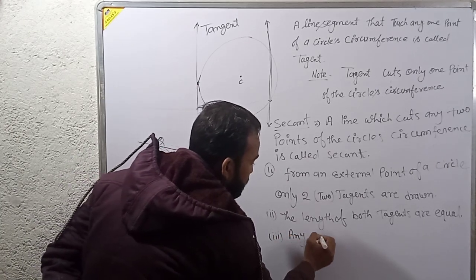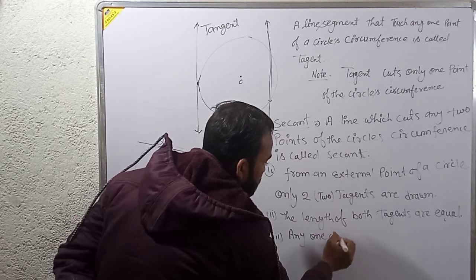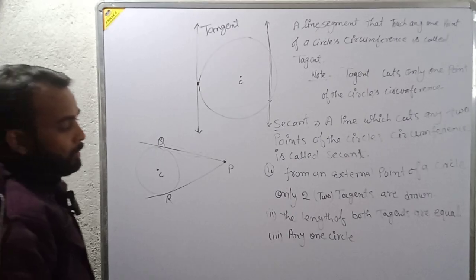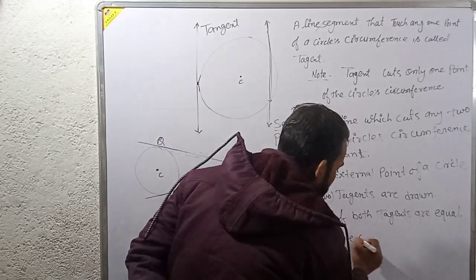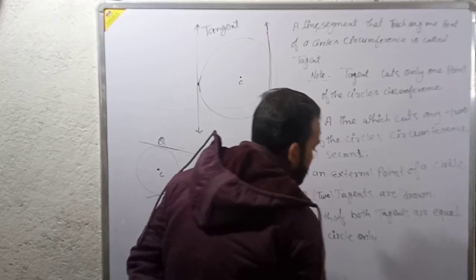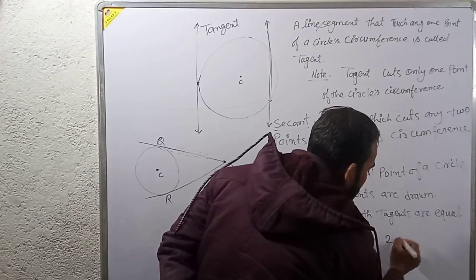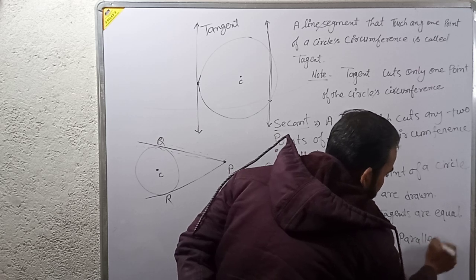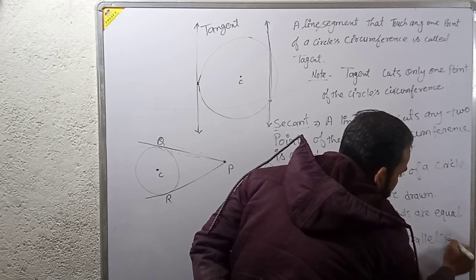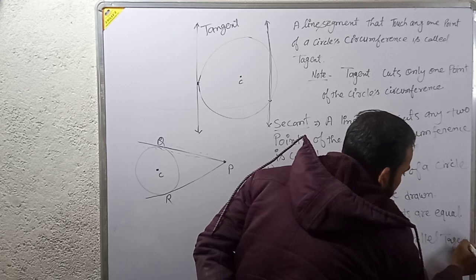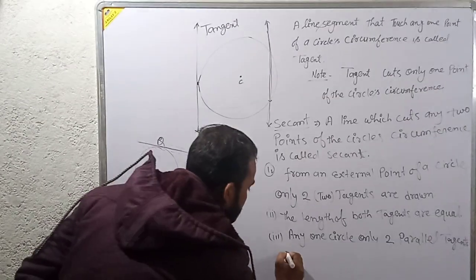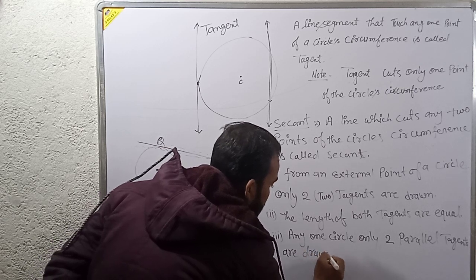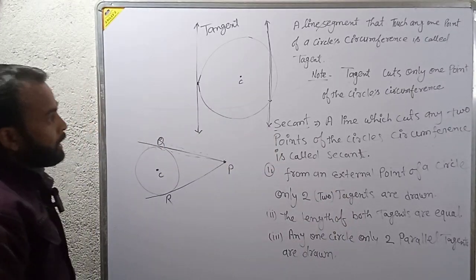To any one circle, only two parallel tangents can be drawn. Clear?